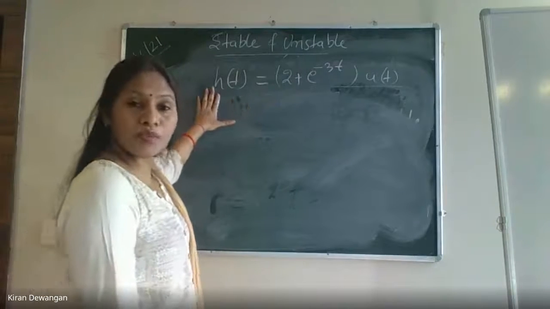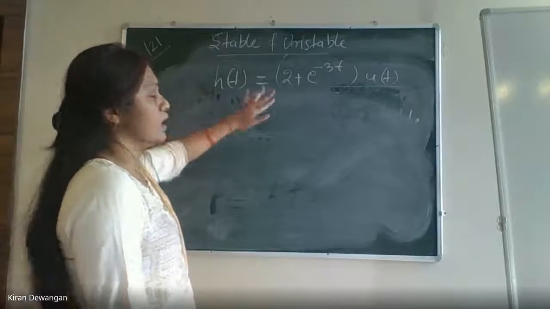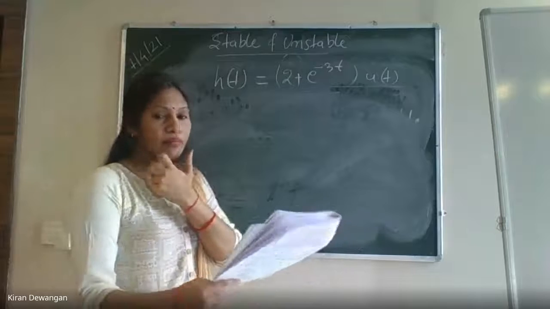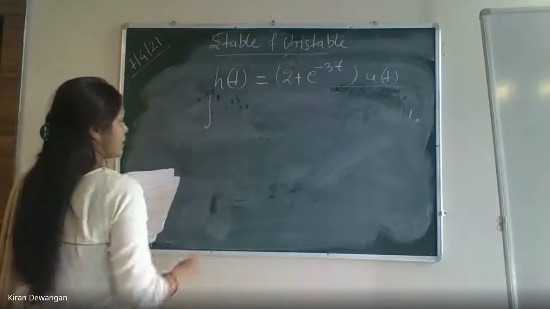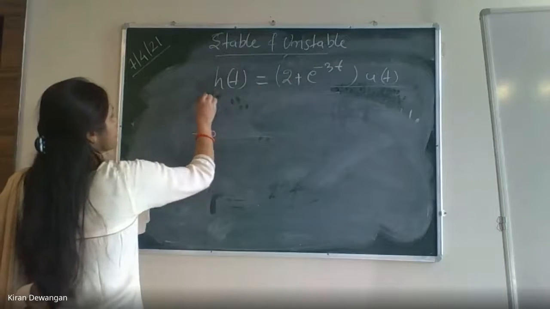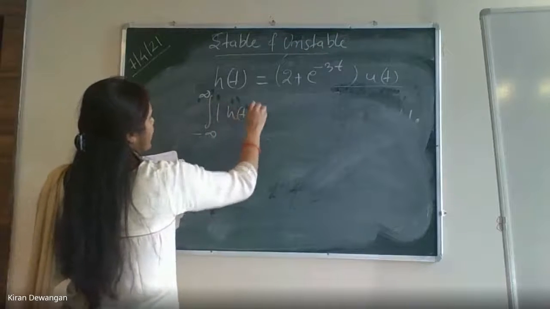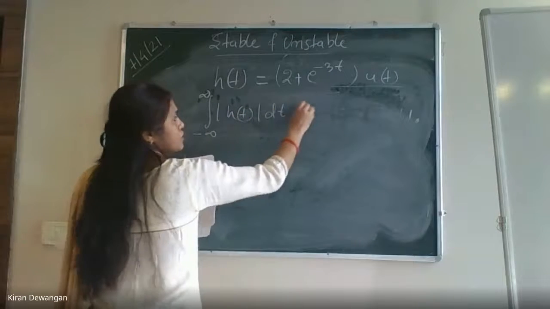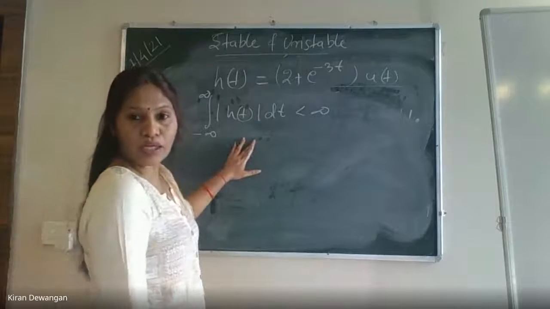Now if the impulse response is directly given to us, we can directly check with the bounded or unbounded signal. So how do we directly find it? For checking the stability, we directly take the integration from minus infinity to plus infinity of mod of h(t) dt, which should be less than infinity. So this is the condition that we all know.